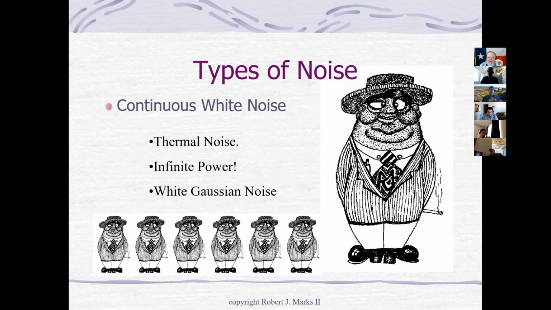So we have this continuous white noise, and we have thermal noise. Thermal noise is almost white noise. You have frequency, and thermal noise comes out and it's flat for a really, really long time. And then it begins to taper off.